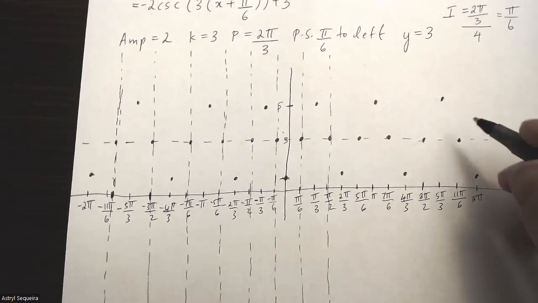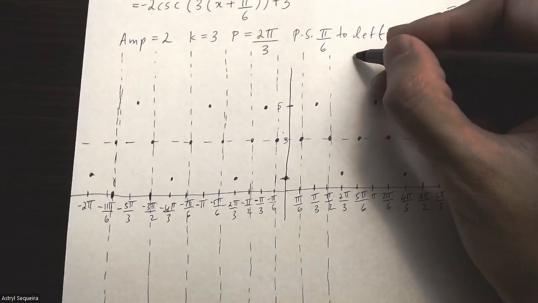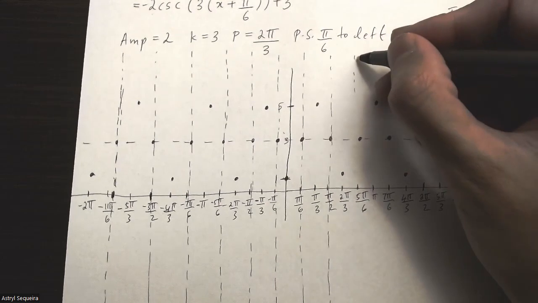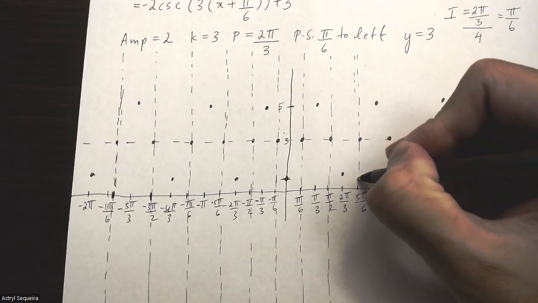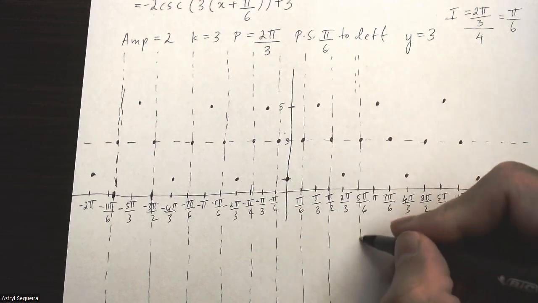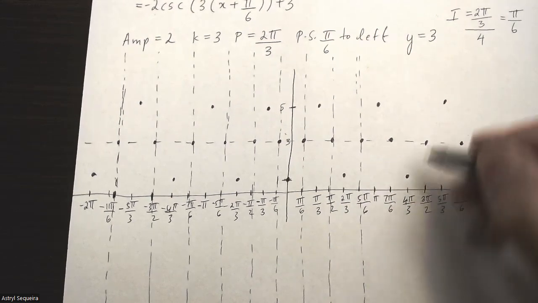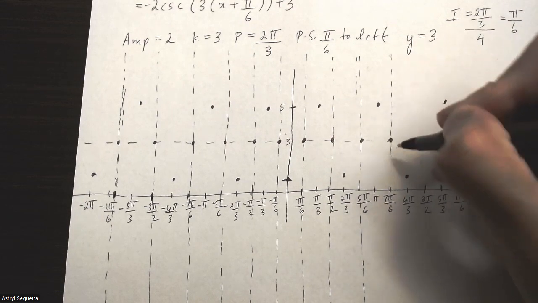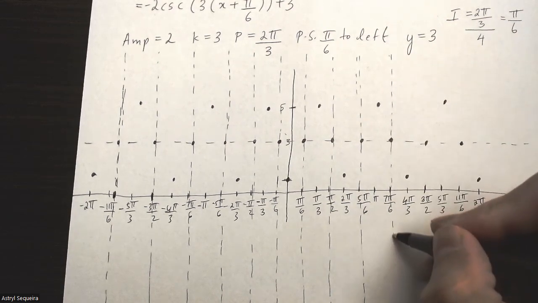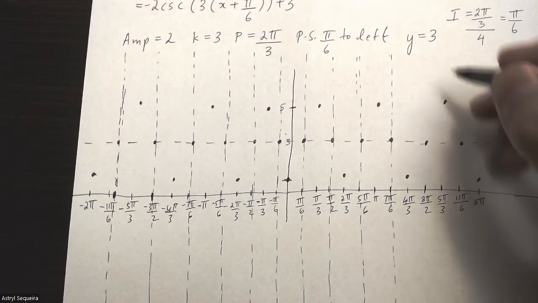There's a lot of asymptotes, I know. 6 cycles, which means I think we have 12 asymptotes in total. Another one at 5 pi over 6. Another one here at 7 pi over 6.